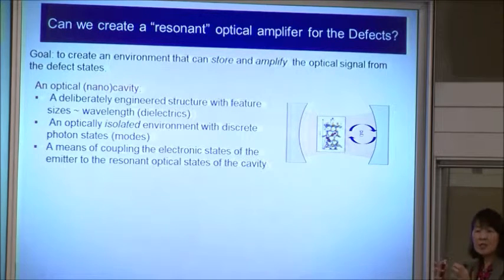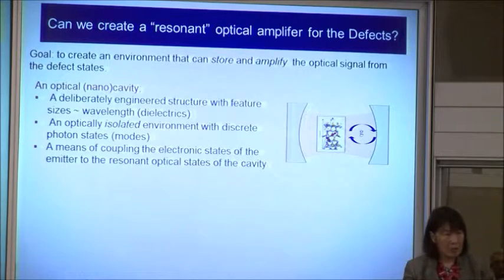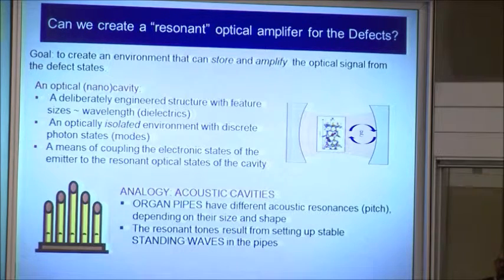Again, it's optically isolated to preserve the qualities of the defect within. And it is a means of controlling or coupling to the electronic states of the emitter to the cavity.